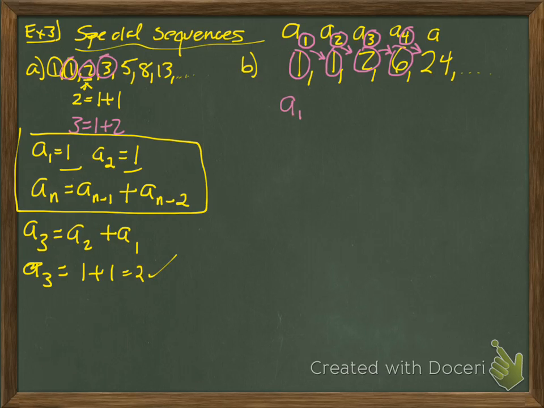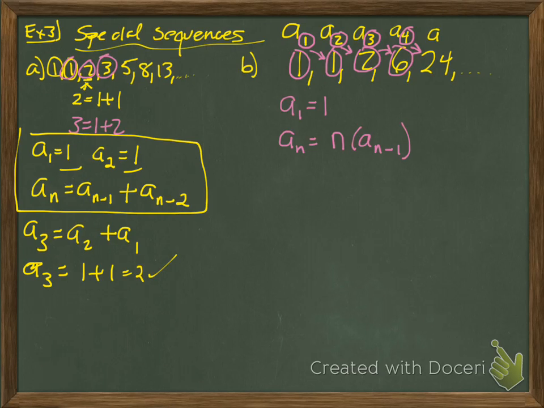If I know that a sub 1 is 1, the nth term can be generated by multiplying the actual value n times the previous term. So a sub n minus 1 is the previous term.